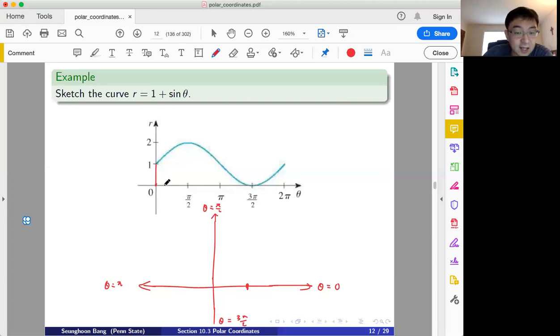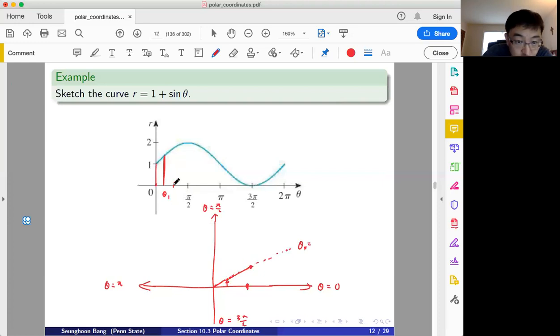Here, the angle is increasing more. This angle is theta 1. The angle is increasing a little bit, theta 1. What's the length? The length is greater than 1. You have to draw the length here, a little bit greater than 1, this point.